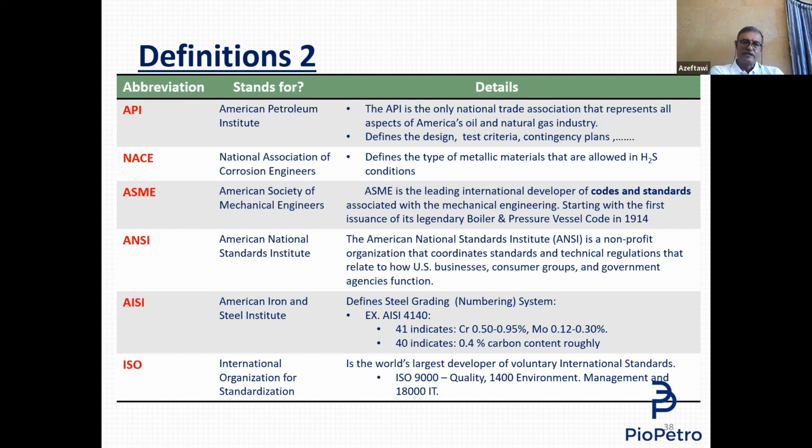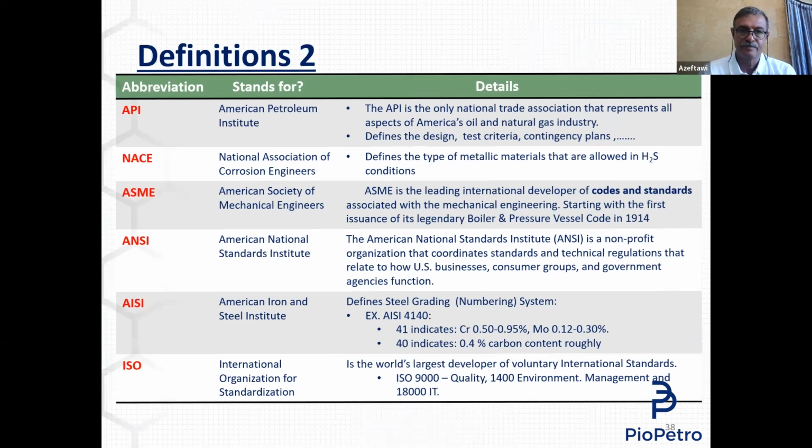This is related mainly to the materials we are using, especially for H2S. You need to know ISO, for example, which is the International Organization for Standardization. ISO is mainly for managerial and documentation procedures that we have to follow.